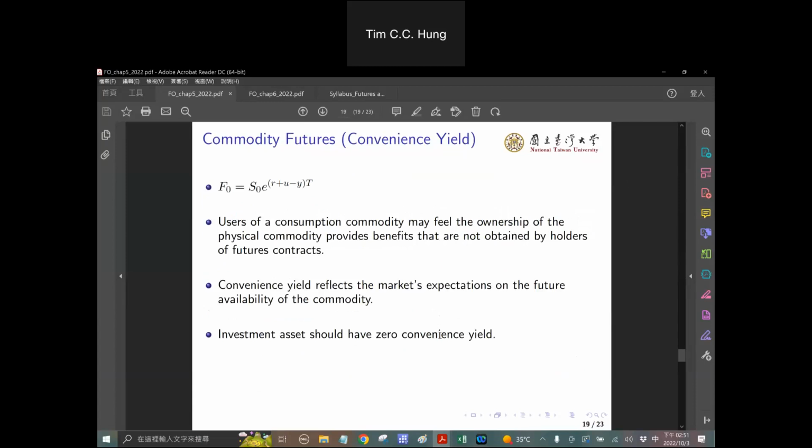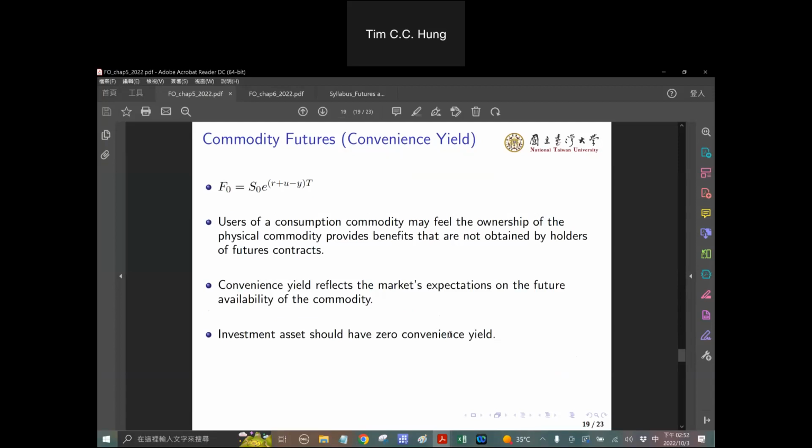Convenience yield, in chapter 4, what is convenience yield? Convenience yields are also benefits that you could enjoy by holding such assets. Like I said, if we are holding a US Treasury bill, usually there are some additional benefits of holding it. It could be tax deductions. It could be some regulations for financial institutions, some regulations by the SEC to hold more.